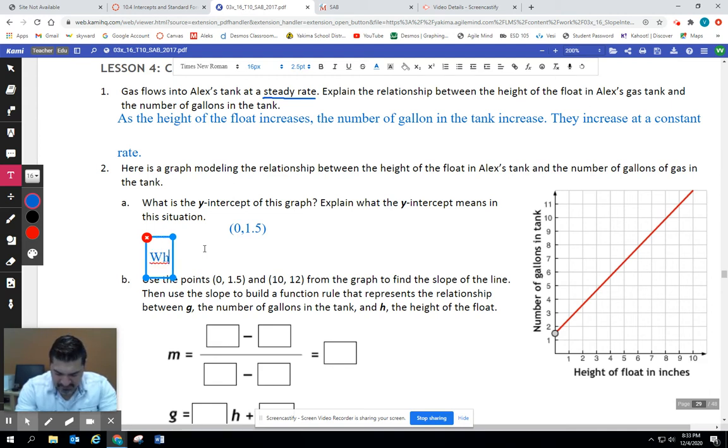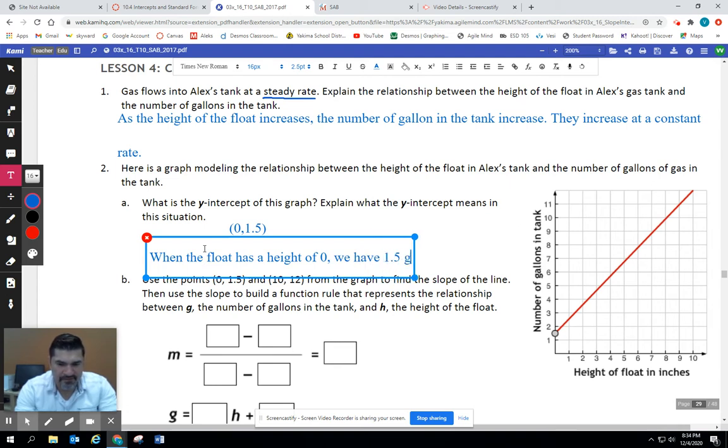When the float has a height of 0, we have 1.5 gallons.